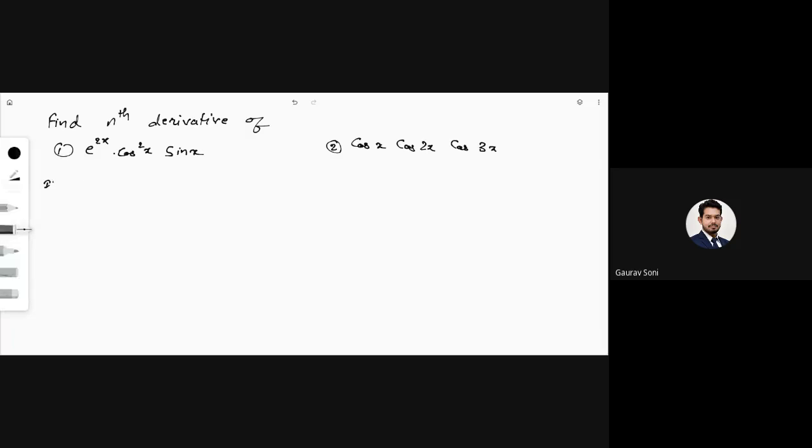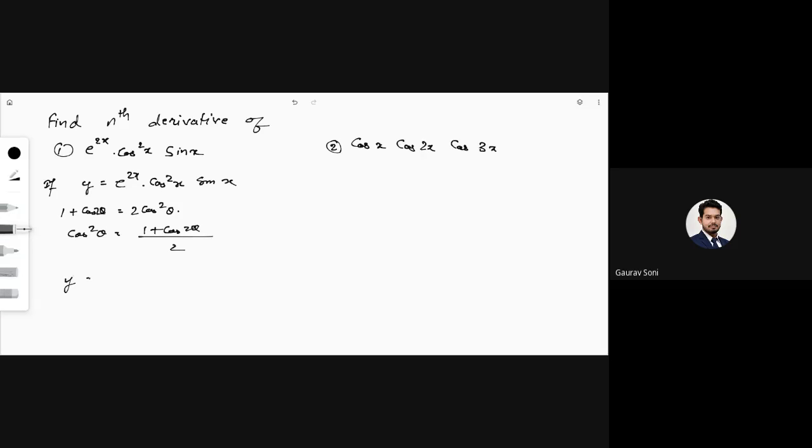So if y is equal to e to the power 2x cos square x sin x, and I want to find the nth derivative, we have to convert it to our required form. We know that 1 plus cos 2 theta is equal to 2 cos square theta. So cos square theta is equal to 1 plus cos 2 theta divided by 2.